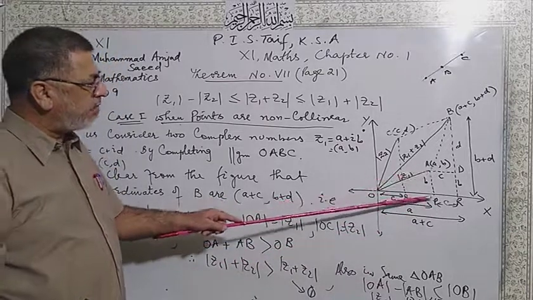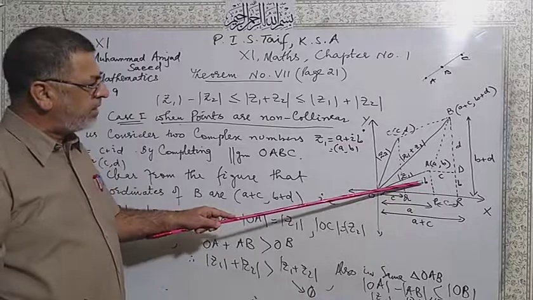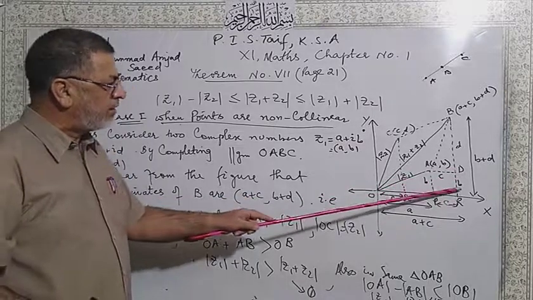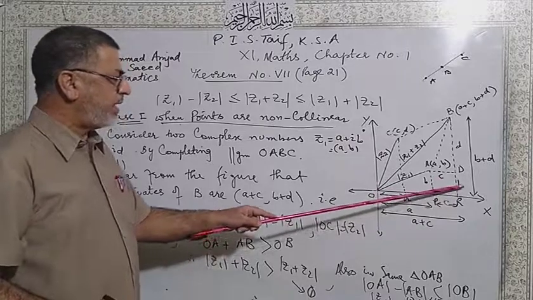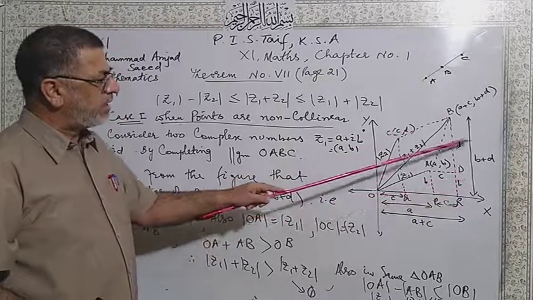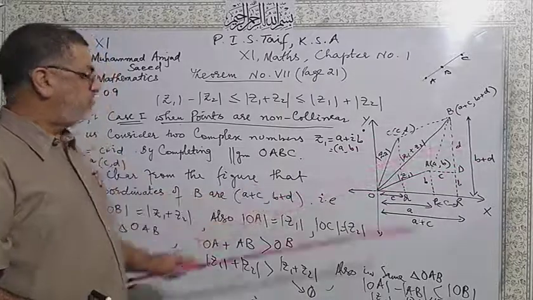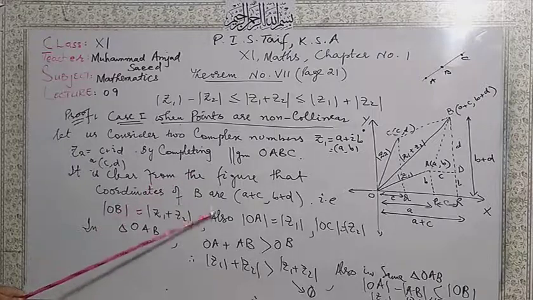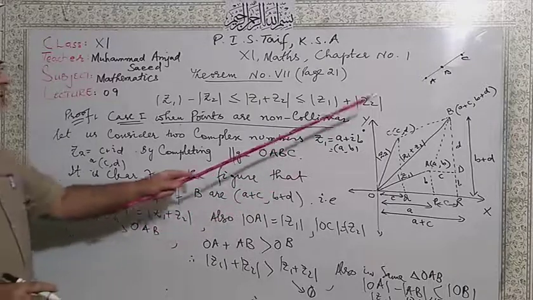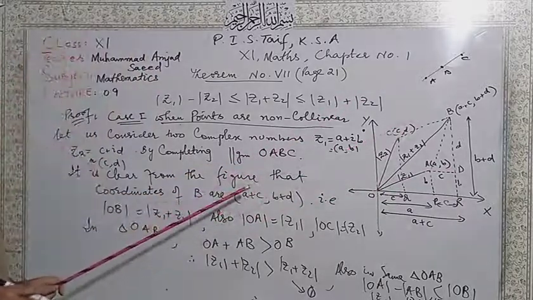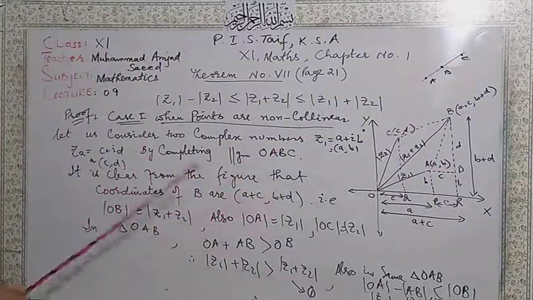Similarly, AP was equal to b. So DR is parallel and equal, this is a rectangle, so this is b. So BR will be equal to b plus d. So it is clear from the figure that the coordinates of B are a plus c and b plus d. I have told you how we got that a plus c and b plus d.